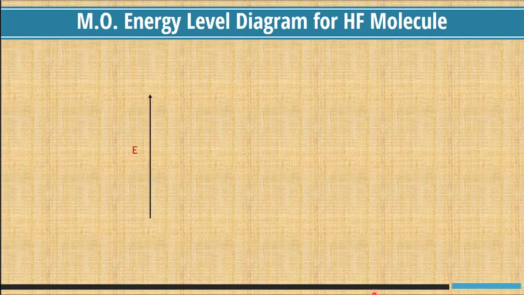Let us consider the molecular orbital energy level diagram for the HF molecule. This is an energy axis. This is the 1s orbital of hydrogen. This is the 2p orbital of fluorine. The p orbital contains three orbitals, 2px, 2py and 2pz.